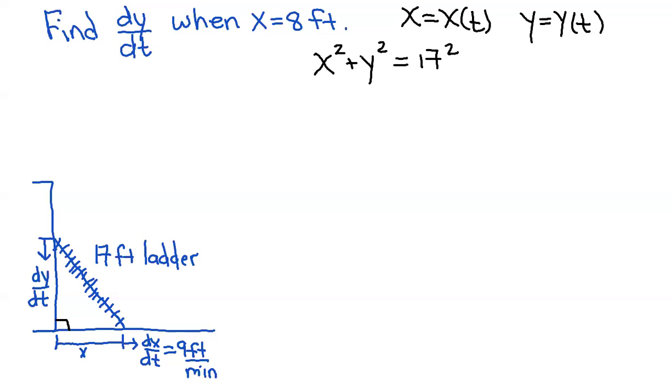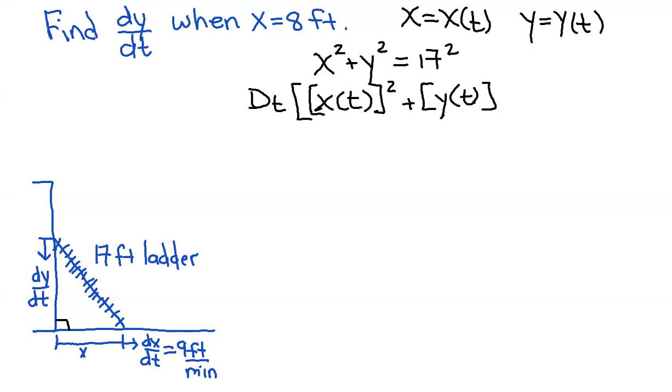In the very first step, we're just going to take the derivative of both sides. So let's start by taking the derivative with respect to t of this function x of t that is squared, this y of t that is squared, and also this scalar value here.